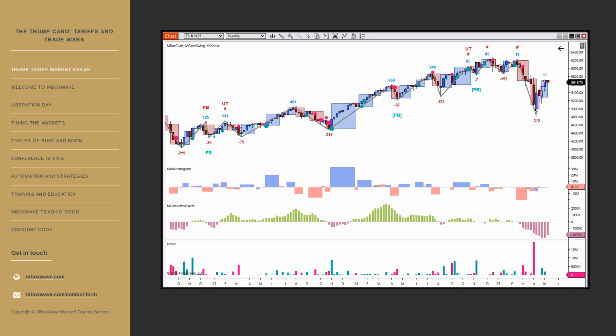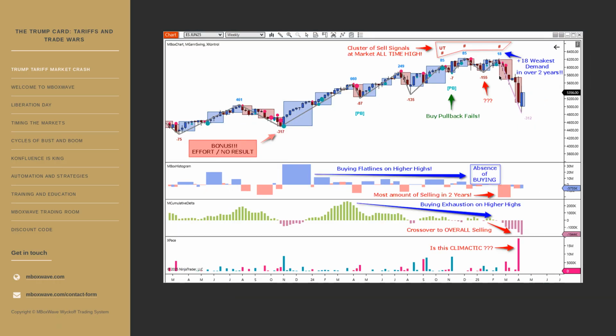So had you been watching this closely on the weekly, you could say that there was a high chance of a rebound here due to the climactic action. So this is the power of MBoxWave. It gives us insight of what potentially can happen going forward.